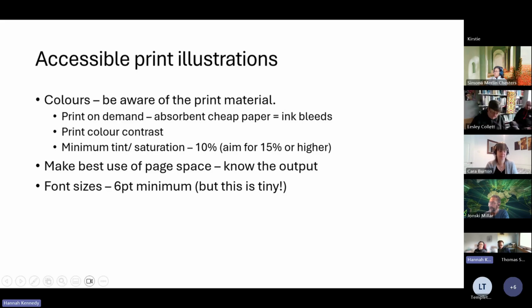The other thing to remember about print, or digital as well actually, but for print, is that there's only a certain percentage of ink that will definitely be visible on your page.